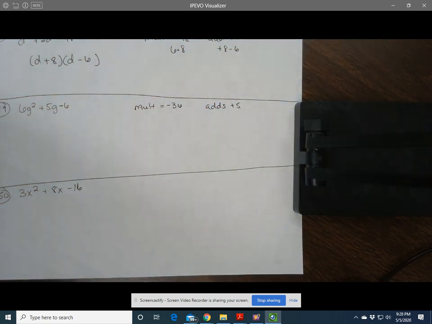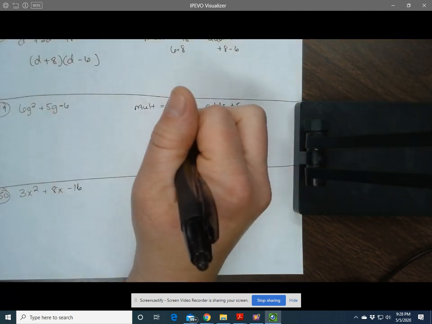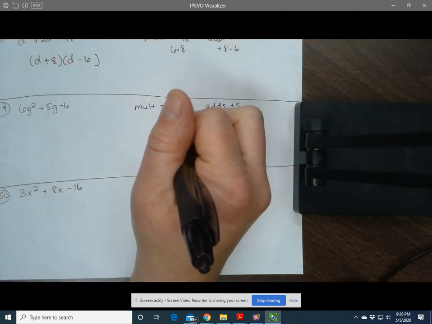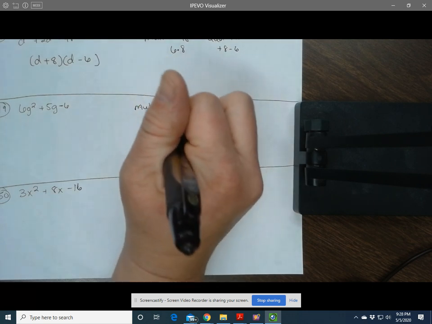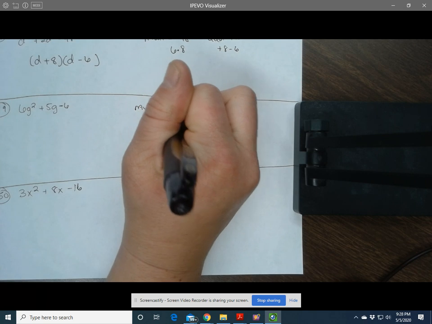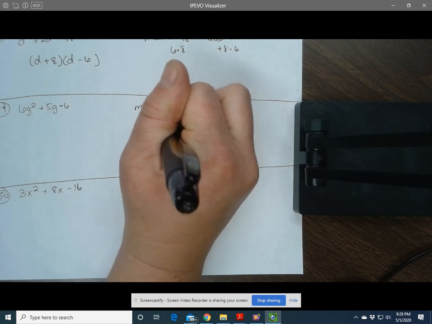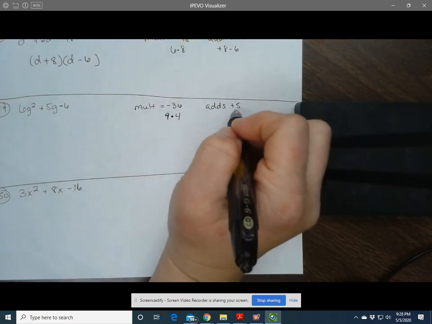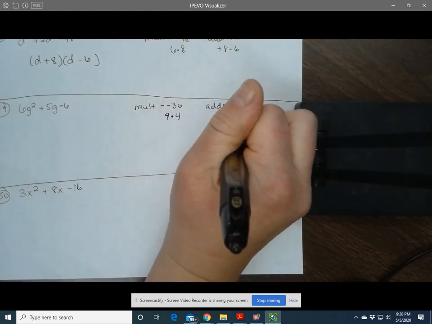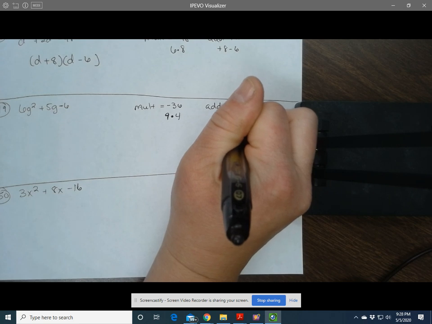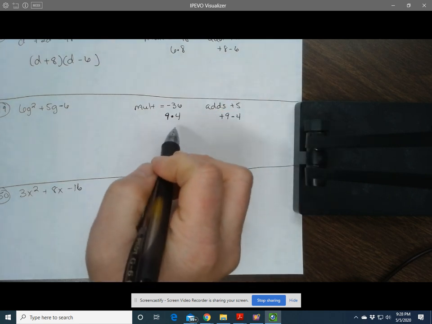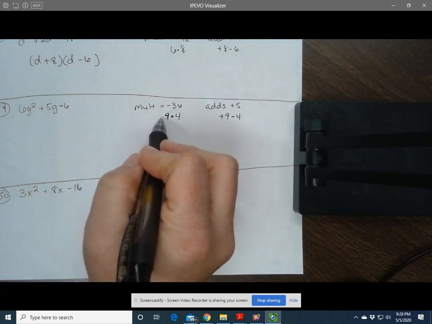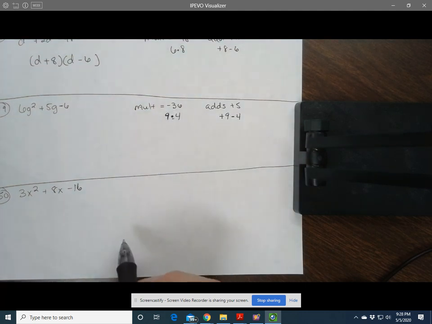Well, when I think about that, 12 times 3, that's not going to work. 6 times 6, 9 times 4, okay? So 9 times 4 is going to be 36. That works out. And then in order for those to add to be 5, it would have to be a positive 9 and a negative 4. One of those is going to have to be negative in order for that to be negative.